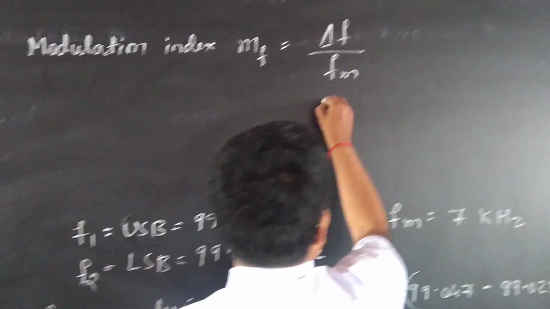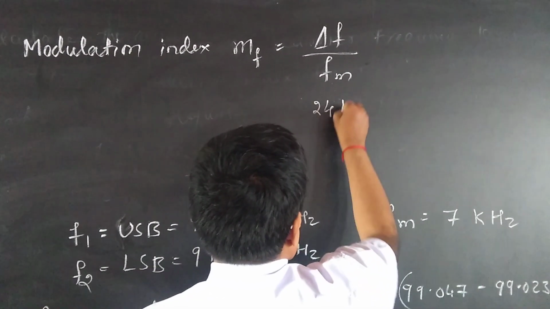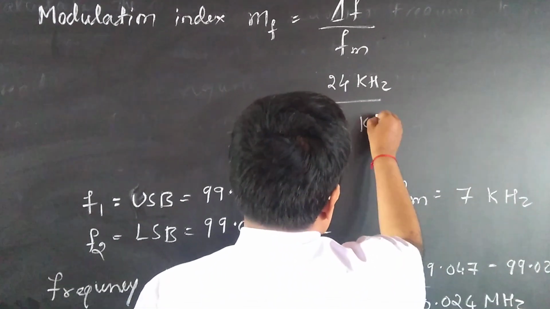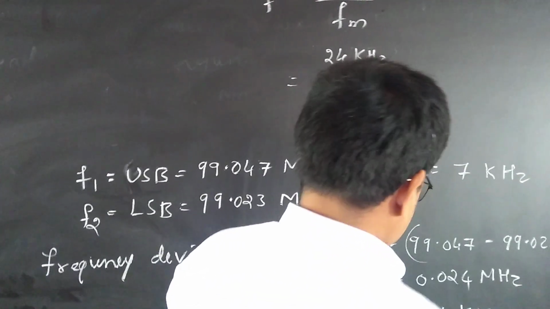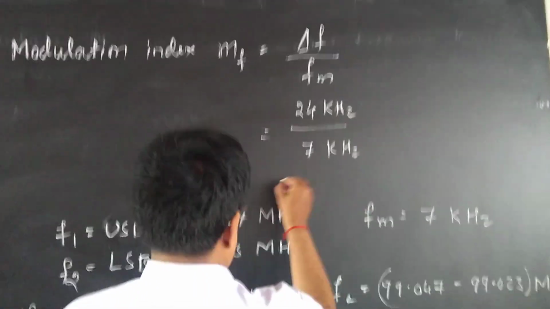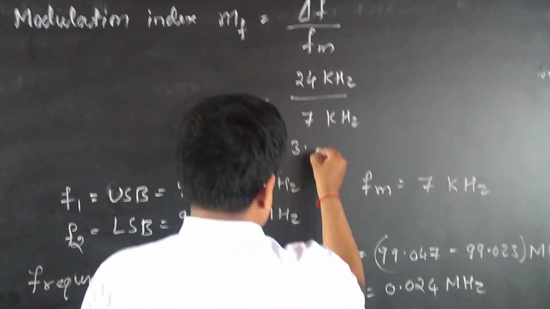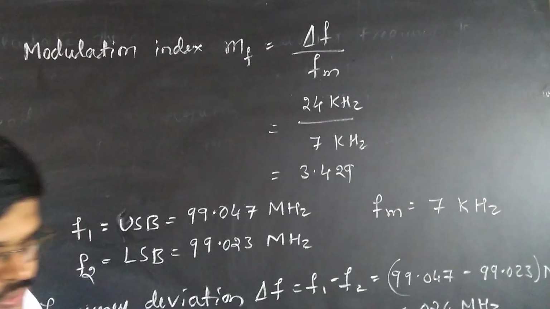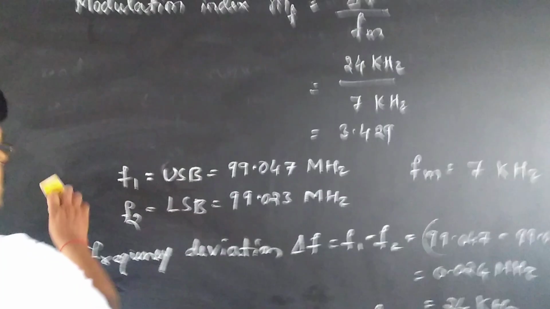So delta F is 24 kilohertz divided by 7 kilohertz. So it is 24 by 7, which is 3.429. Therefore, the modulation index is 3.429.